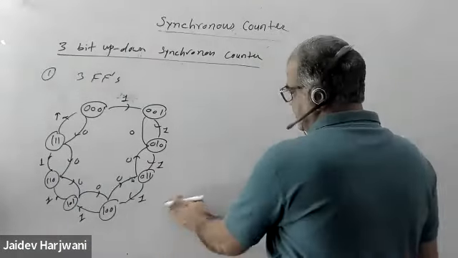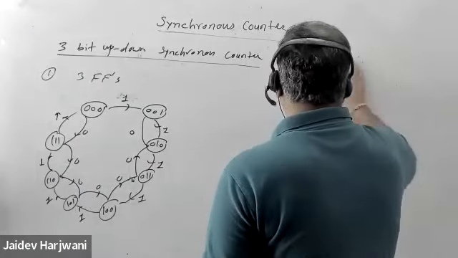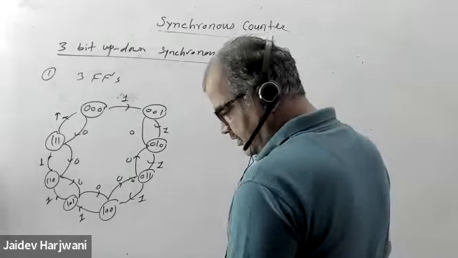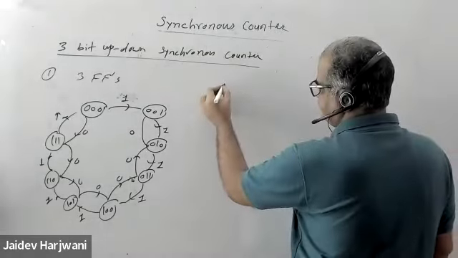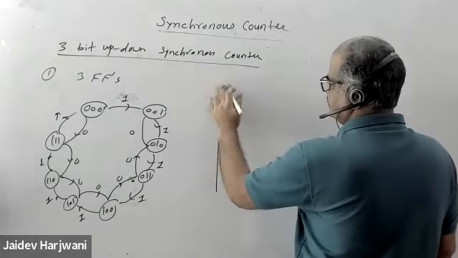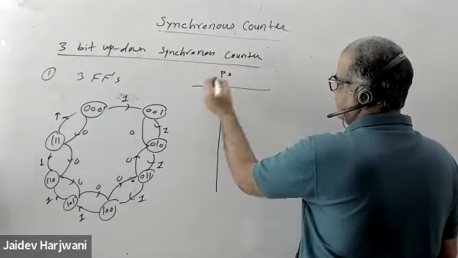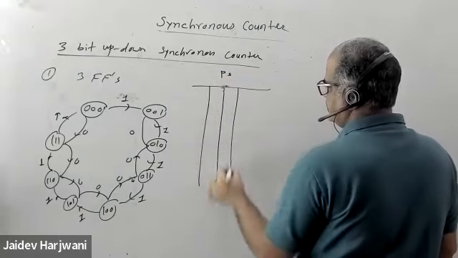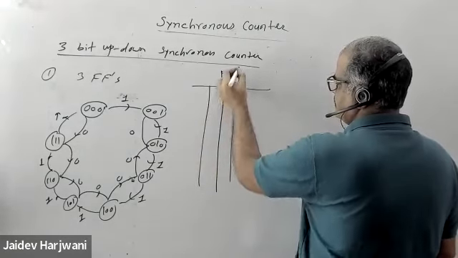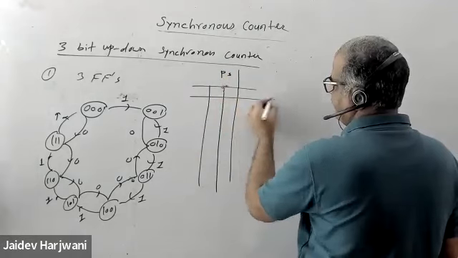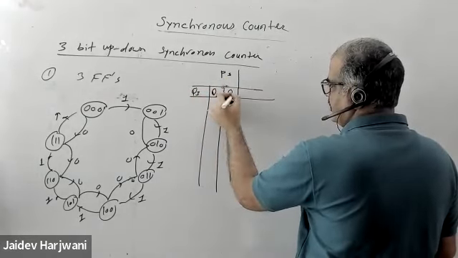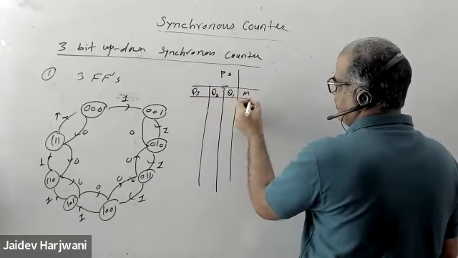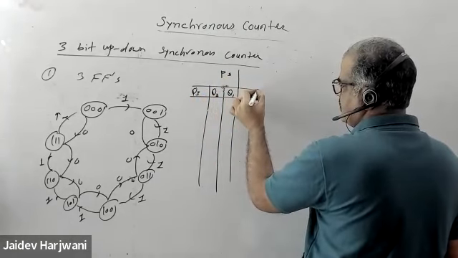Now you just have to make the truth table: present state, next state, along with the control parameter. So you want the present state Q3, Q2, Q1. I am putting one control parameter here.